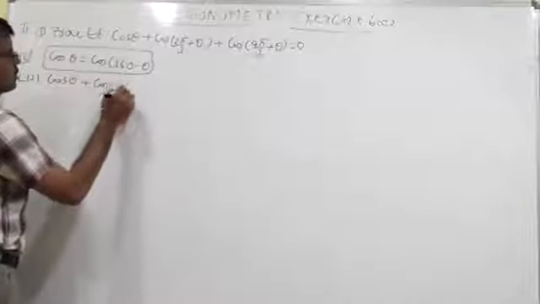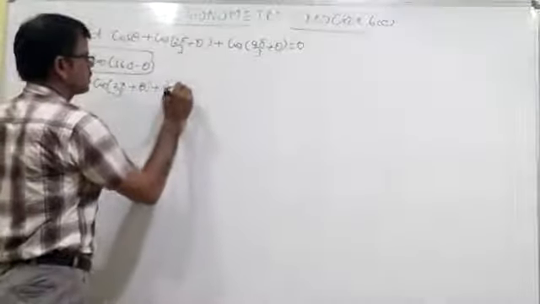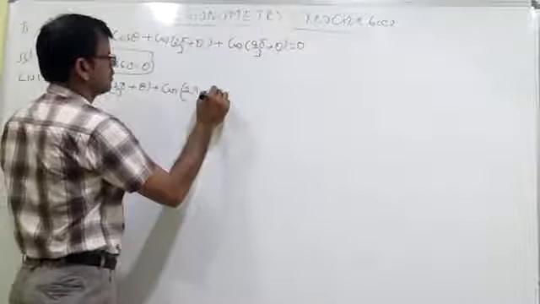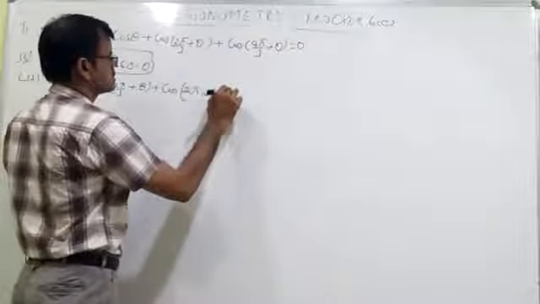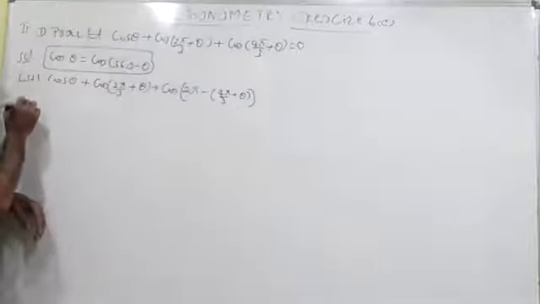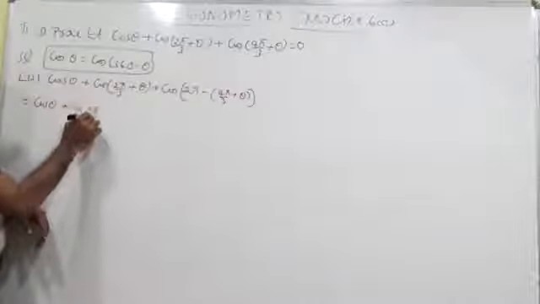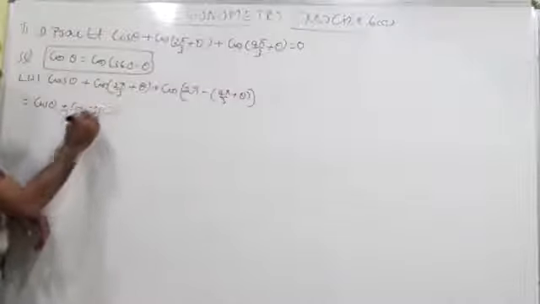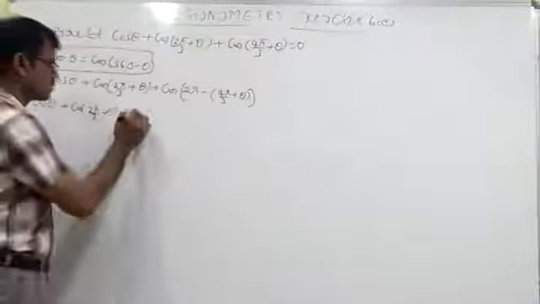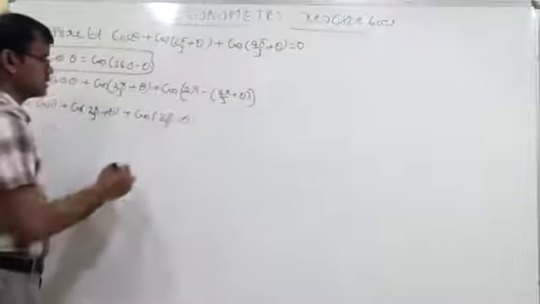This one, cos of 2 pi by 3 plus theta, plus this total angle can be written as, instead of 360, you can write 2 pi minus of 4 pi by 3 plus theta. That is equal to cos theta plus cos of 2 pi by 3 plus theta. Now take LCM here, 3 theta, 6 pi minus 4 pi becomes 2 pi. So within the brackets you can write 2 pi by 3 minus theta.